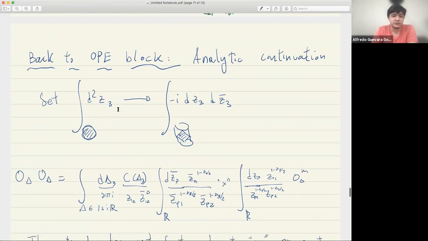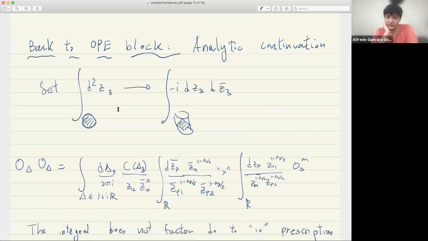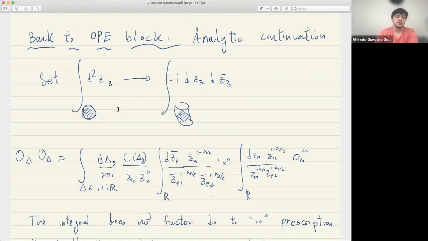And one of the important points that I wanted to emphasize is the analytic continuation for the block, of course. So now we come back to the block itself, not the correlation function. Now the analytic continuation that we've done takes a complex z integration to a real integration.